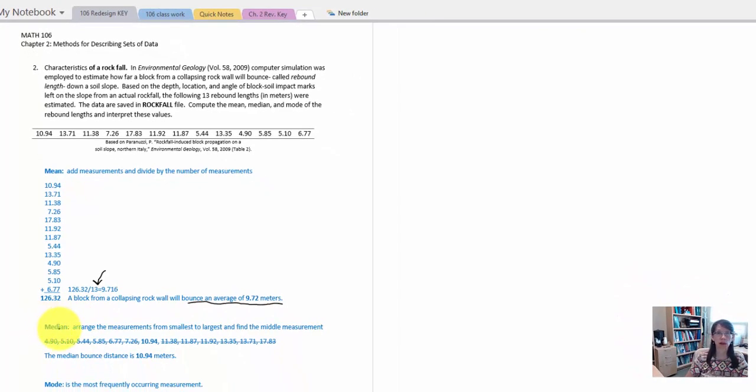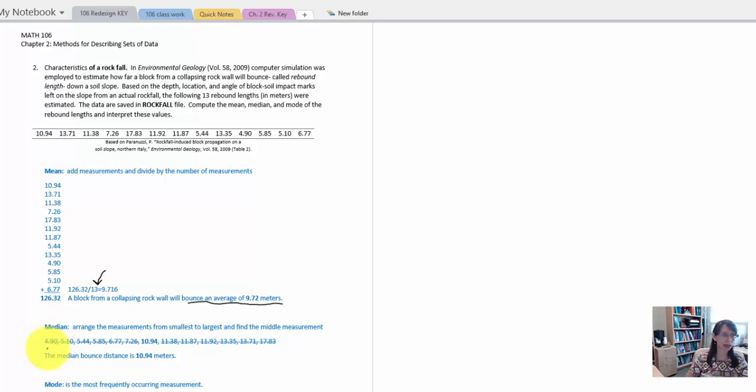The median is found by first arranging the measurements in order, and I chose to arrange them from the smallest to the largest. You can also arrange them from the largest to the smallest. So I have my list of measurements in order, and then you are making a series of eliminations to find the center value. Since we do have an odd number of measurements, there will be just one measurement in the center.